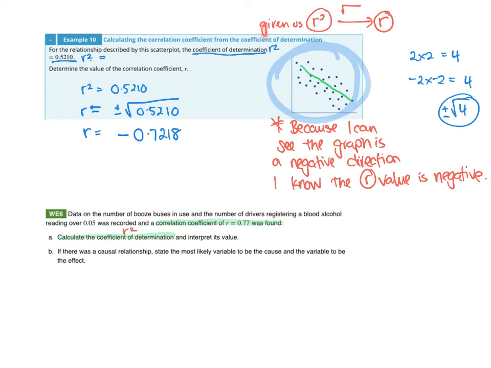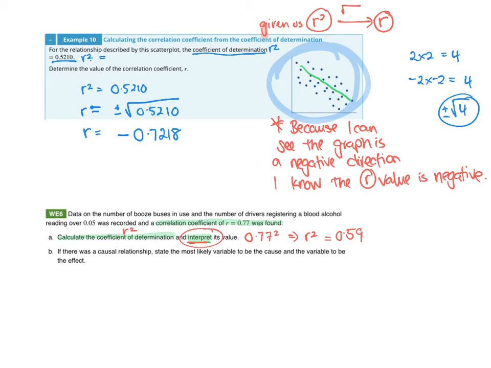And then, can you see that word there? Interpret. That's when you know you have to write that saying. So first of all, we're going to square 0.77 and find out what R squared is. So I get R squared to be 0.59.